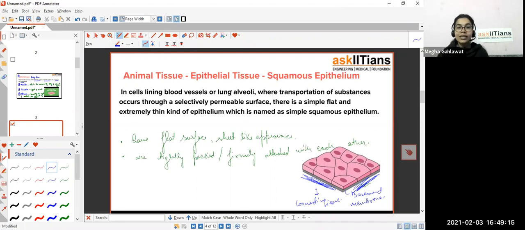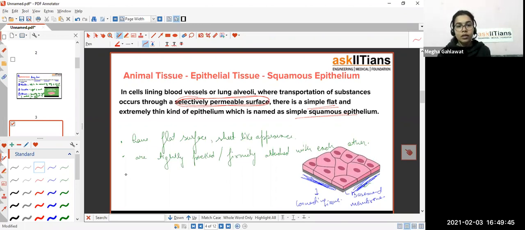Since these are firmly attached and since they have a selectively permeable surface, selectively permeable surface means it is going to allow the entry and exit of the particles or the molecules according to the requirement of the cell, right? And these are simple flat, as I already told you, and these basically are named the simple squamous epithelium according to the structure that they have, right?